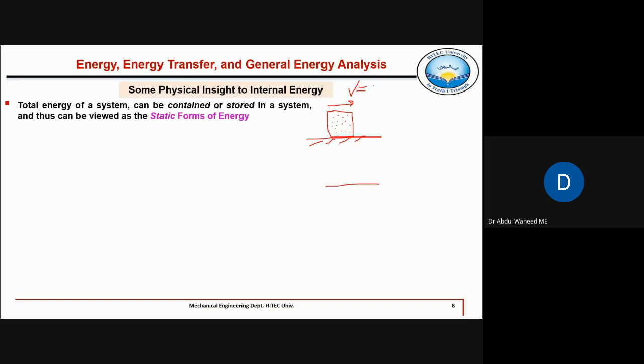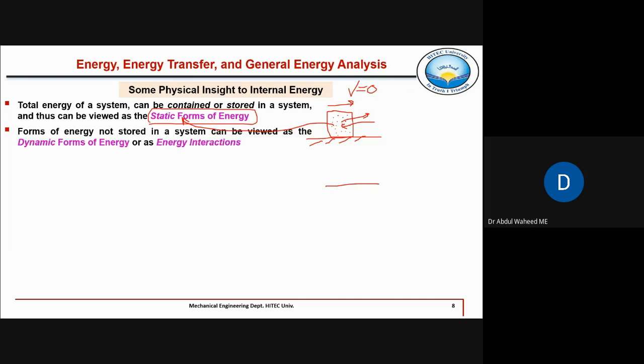Velocity is zero, so potential energy is zero, kinetic energy is zero, but it has internal energy in it. So in that case, it is also known as static form of energy, because that energy is contained in that substance or system, and it is not leaving the system. Nothing is entering into the system, nothing is leaving the system. So under this condition, the energy which this system has is known as static form of energy.